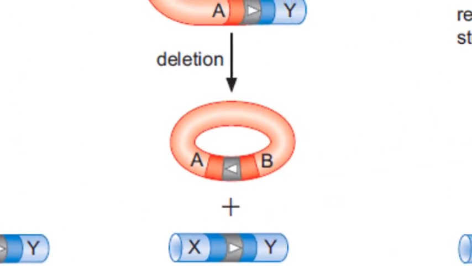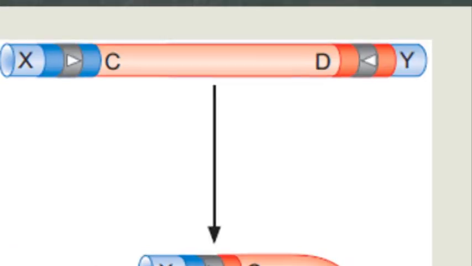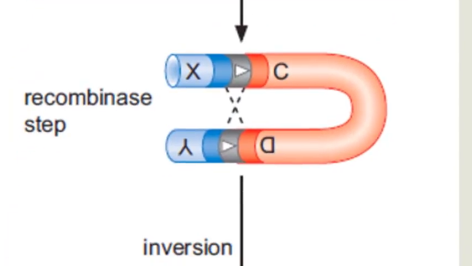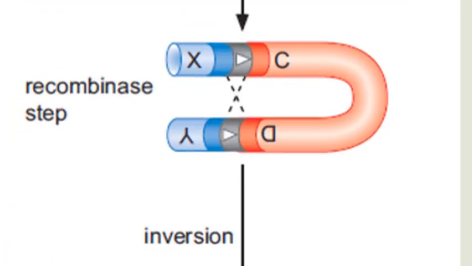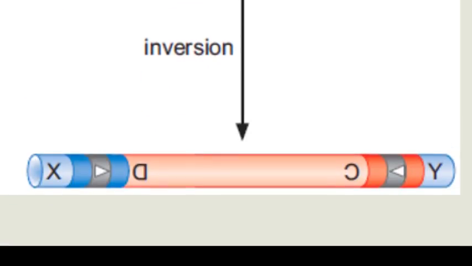In the second recombination, we get a new molecule which is smaller than the parent molecule, because a part of the DNA is deleted, it is removed. And in the third case, the DNA which is inserted or already present may get inverted, so an inversion event occurs.